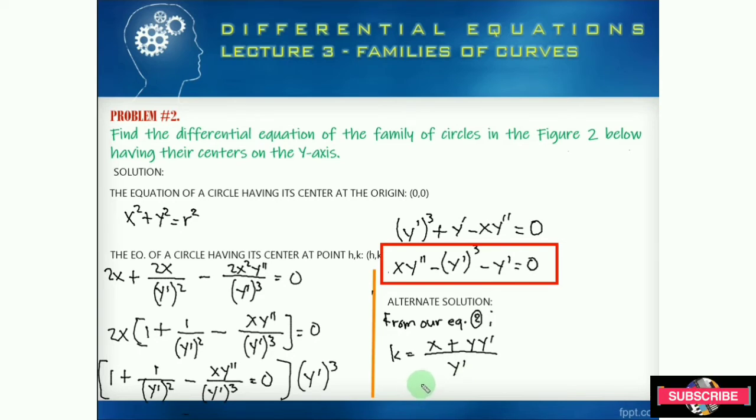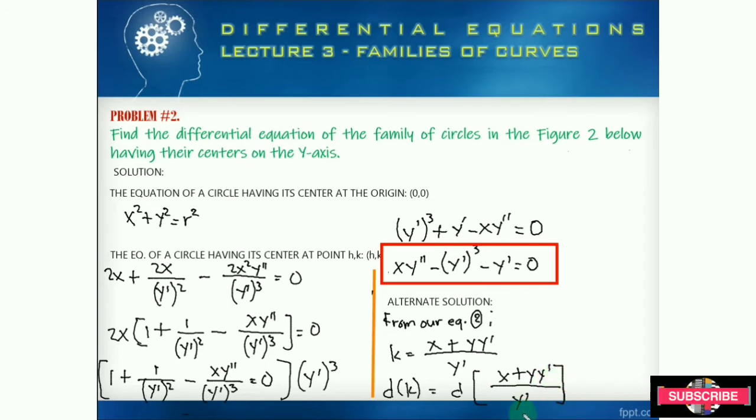This is our equation number 2. What we did here is we substituted this into equation 1, but as an alternate solution we can proceed directly in taking the derivative of equation number 2. So we can take the derivative of k equal to the derivative of the right side, which is x plus y over y prime.